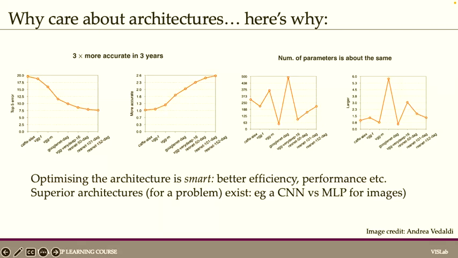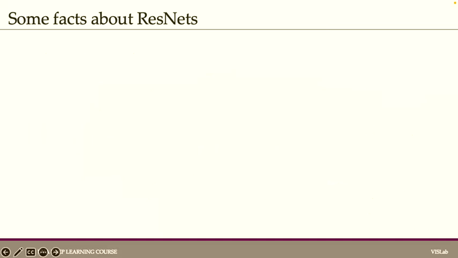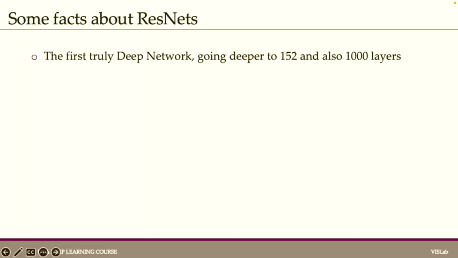All right, with this motivation for why we care about architectures, let's talk about ResNets. It was one of the first really deep neural networks where they showed that you can train a neural network for up to 1,000 layers. But that's not really why we care about it anymore. No one uses 1,000-layer deep neural networks.